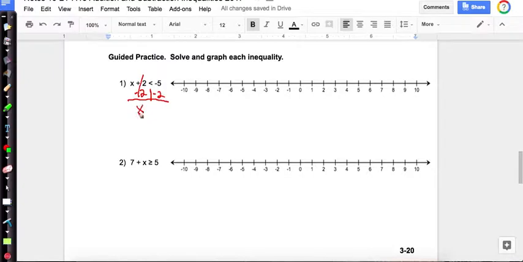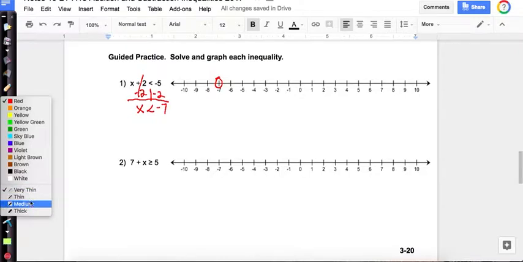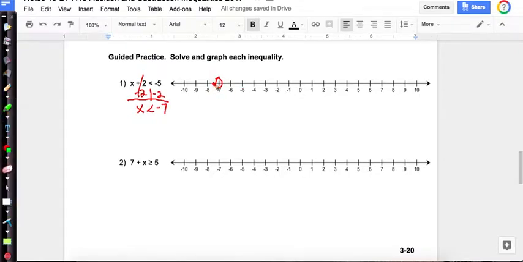So x is less than -7. So what I want to do here is do an open circle, and we're going to shade to the left because we want less than -7. So we're going to shade this way.